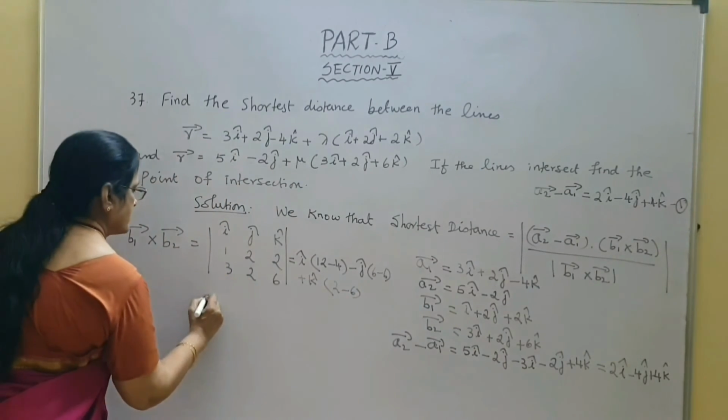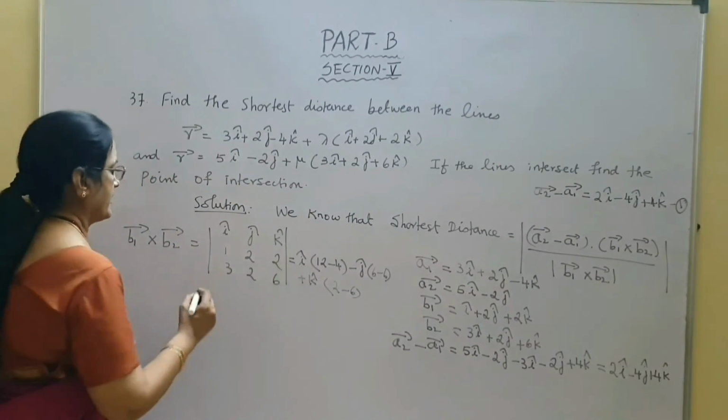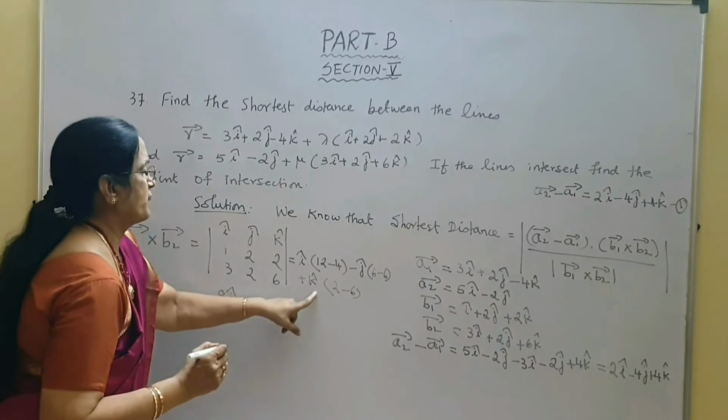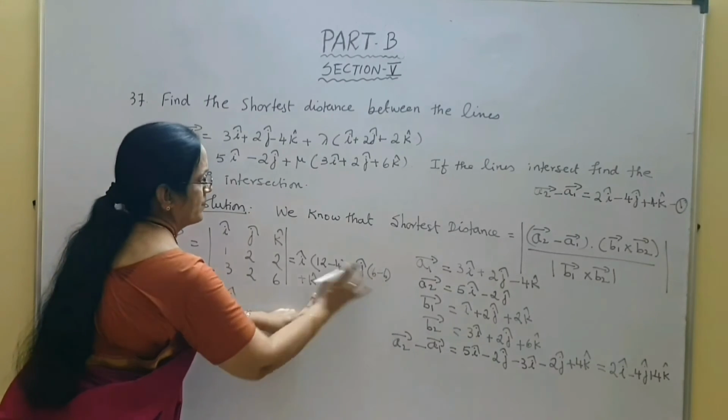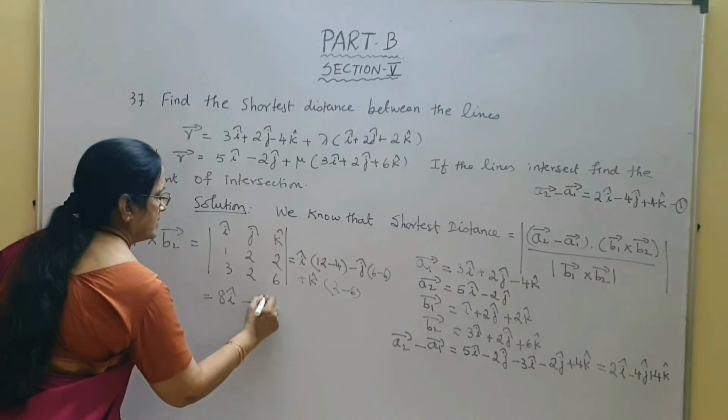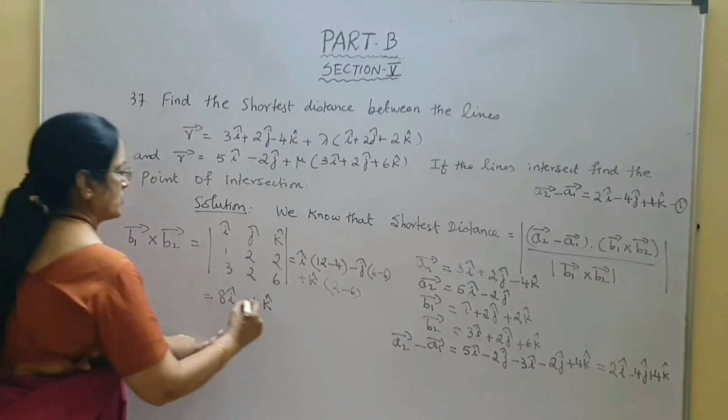So this is nothing but 8i cap, then minus 4, because 6 minus 6 is 0. So I will be having here minus 4k cap. Name this as 2.